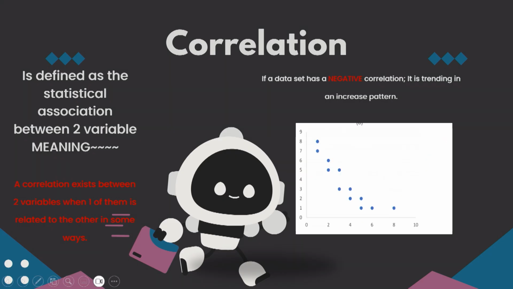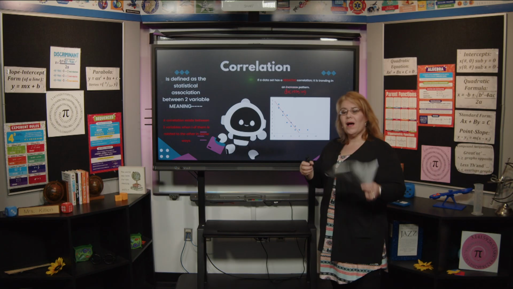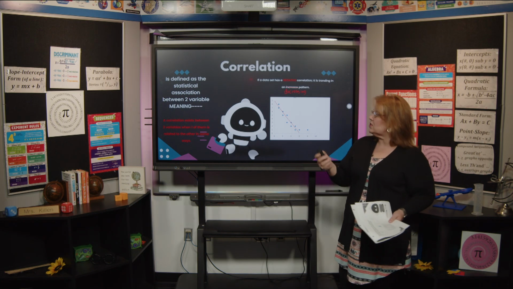Next, if a data set has a negative correlation, it is trending in a decreasing way, so this would look more like this. That's what our correlation is showing us, either positive correlation or negative correlation.